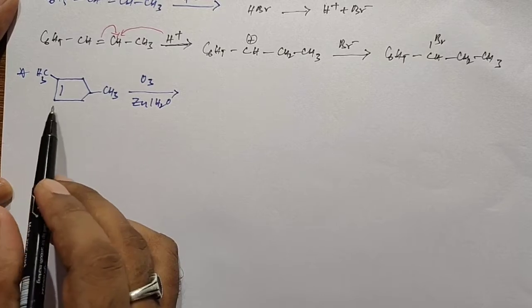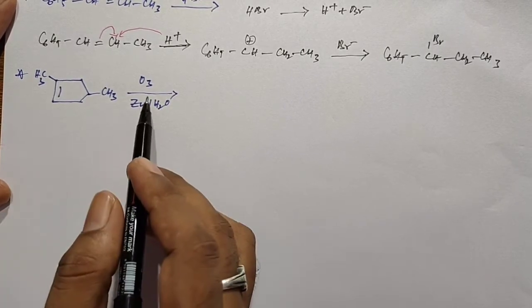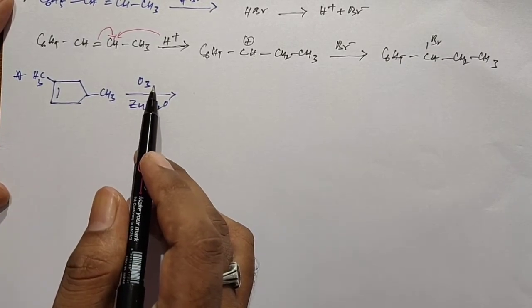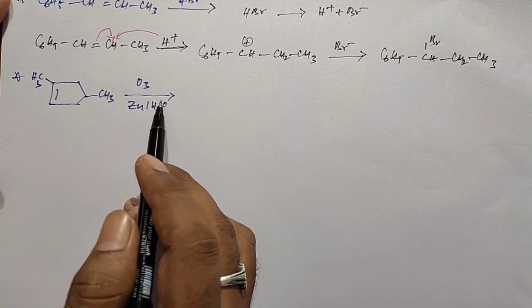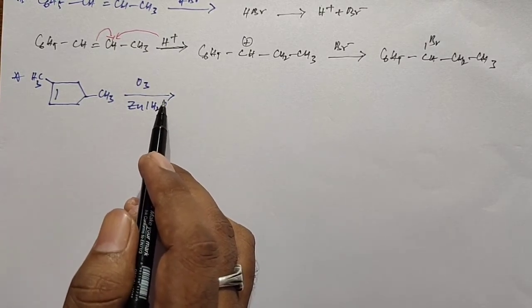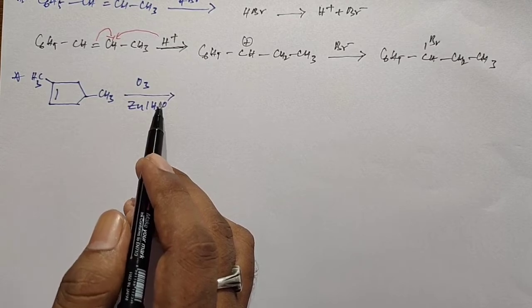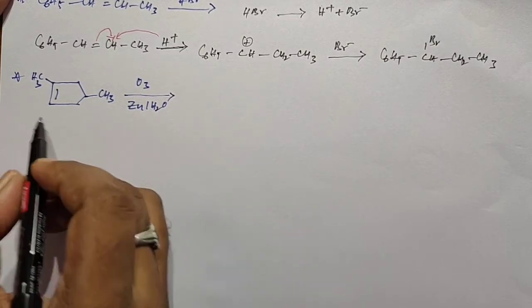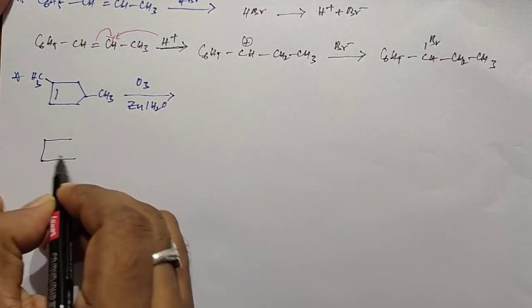When you see this reaction, they give one cycloalkane, and it reacts with the reagent ozone and zinc dust after hydrolysis. So it is the best example for ozonolysis. Here ozonolysis is possible, so see the way of reaction.